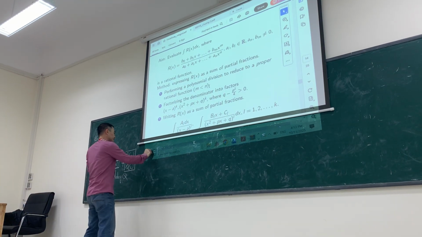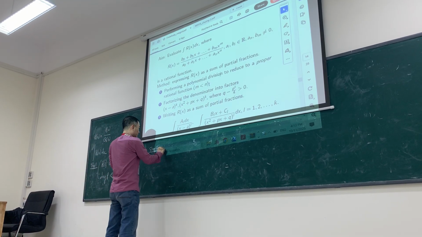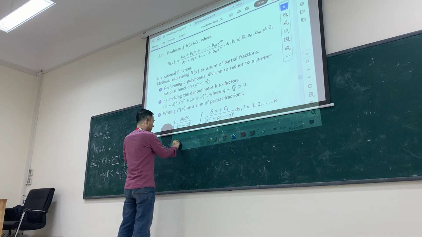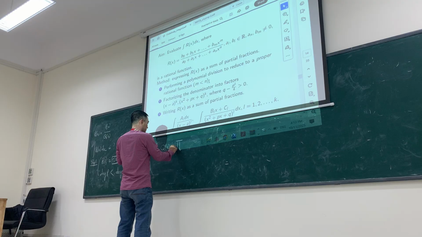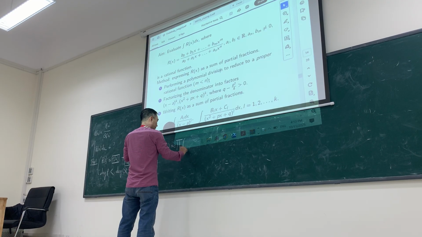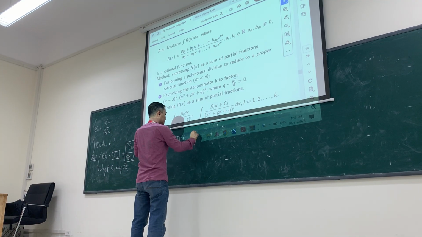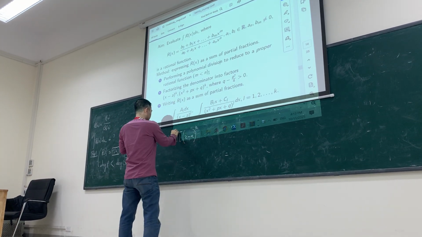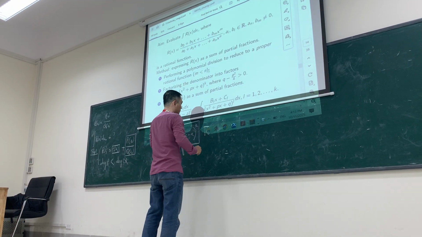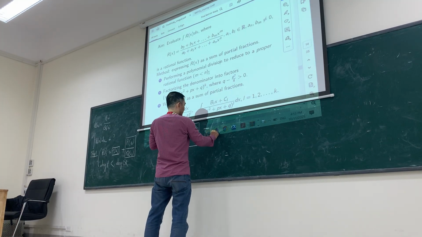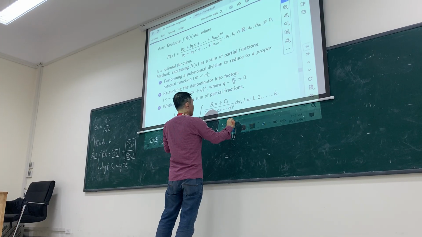Now, step 2. We need to express Q(x) as a product of polynomials of degree 1 and a product of polynomials of degree 2, of the form x squared plus px plus q, to the power k.